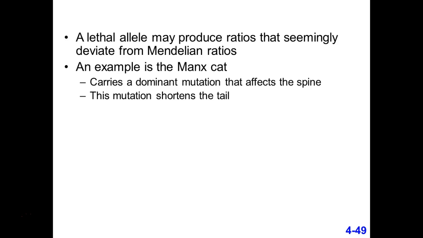Where again, we don't extend ours, even though you have one when you're an embryo. So the homozygous is lethal. It dies, right? Because the spine is so severely affected that they don't live.